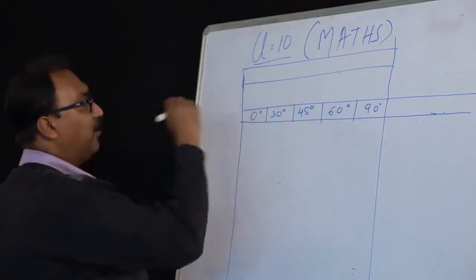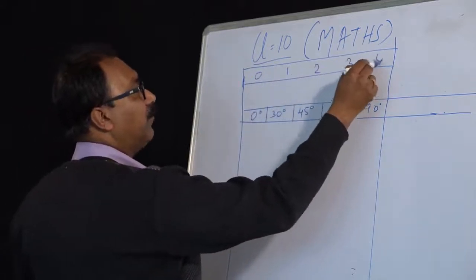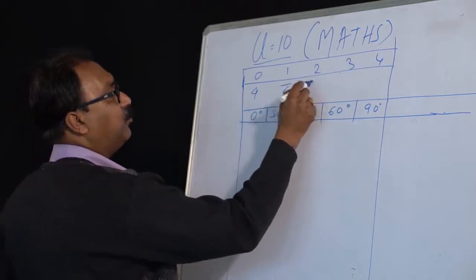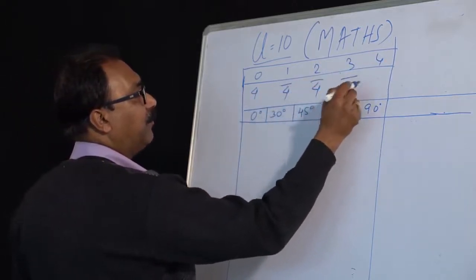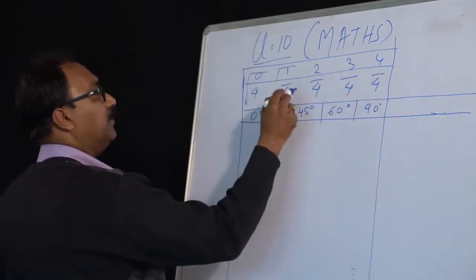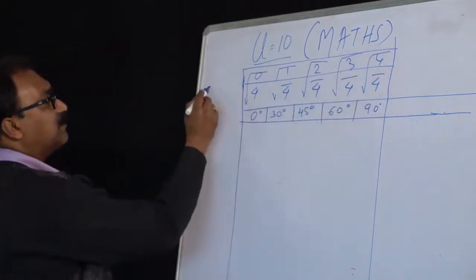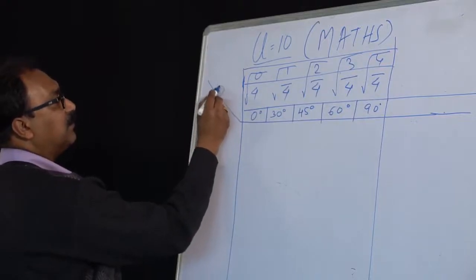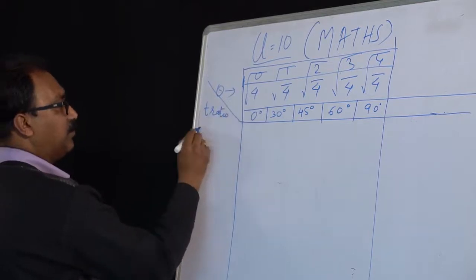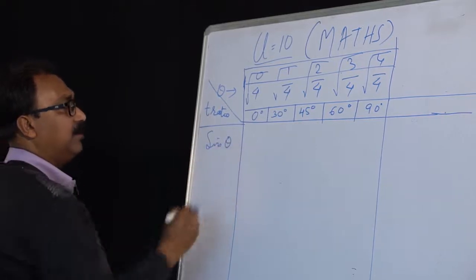The first part is 0 by 4, then 1 by 4, 2 by 4, 3 by 4, 4 by 4, and we take the square root of these numbers. This is the angle we consider, this is theta, and this is the T ratio, meaning trigonometric ratio. So it's sin theta. Clear?